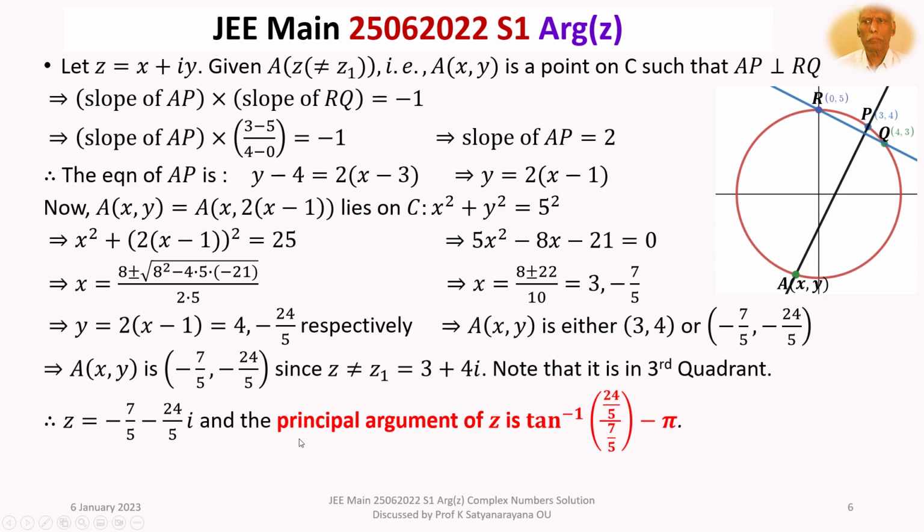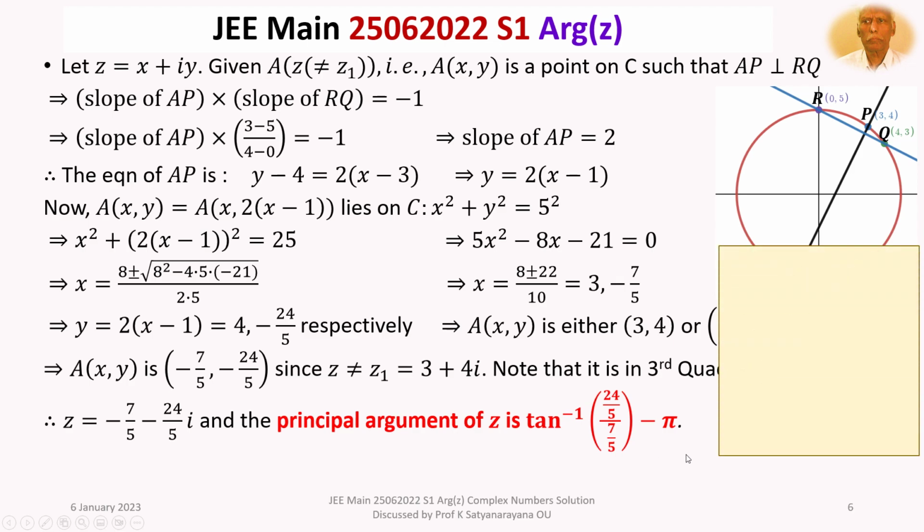But you want the principal argument of z. The principal argument of z is tan inverse of 24 by 5 by 7 by 5, when simplified, tan inverse 24 by 7 minus pi. Minus pi. Why minus pi? Because it is in the third quadrant, and the principal argument is like this.